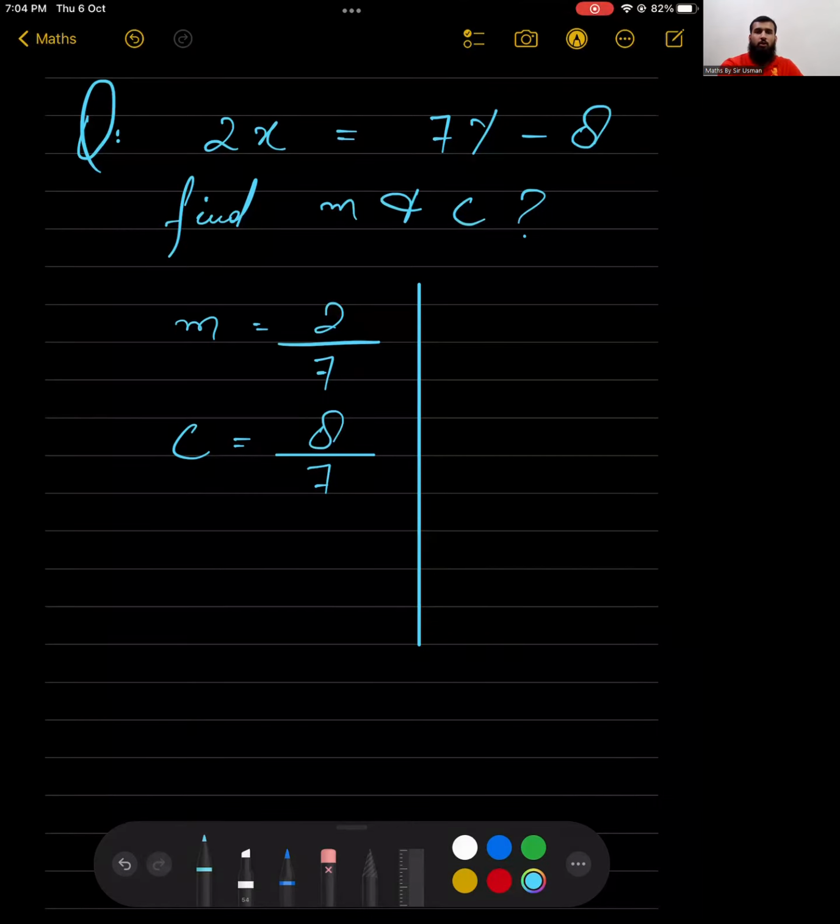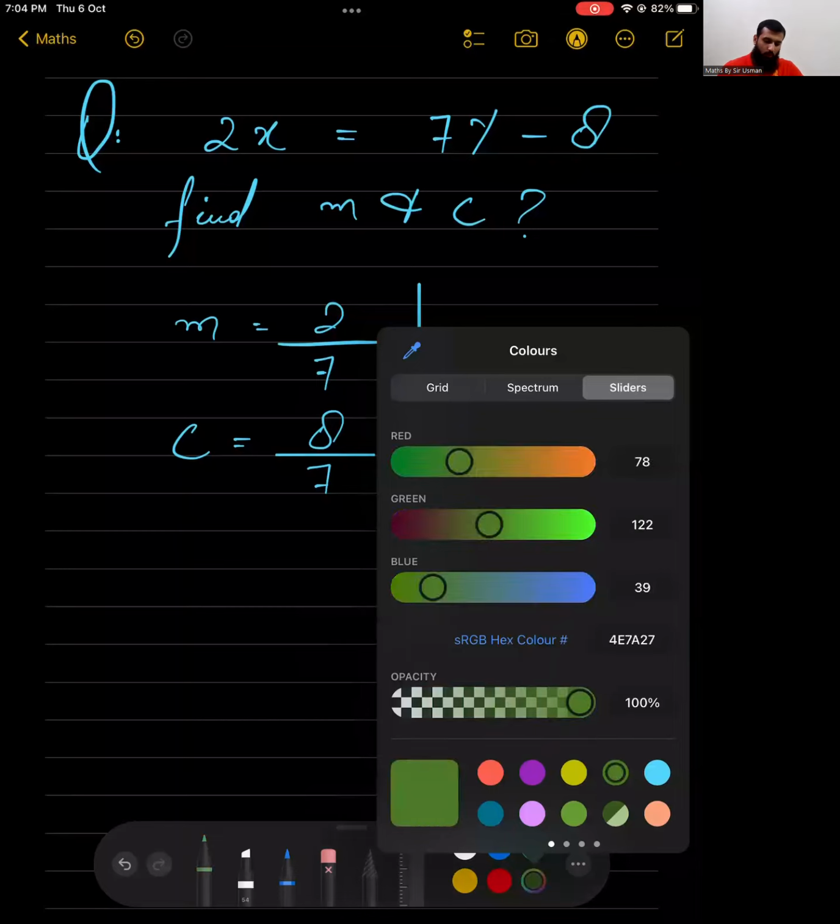Okay, so almost all of you are getting the same answers. So we are now moving forward. But I want a confirmation from Mina if you're getting the same answer or not. Yes, Mina, are you getting the same answer? Okay, so now we are moving forward.